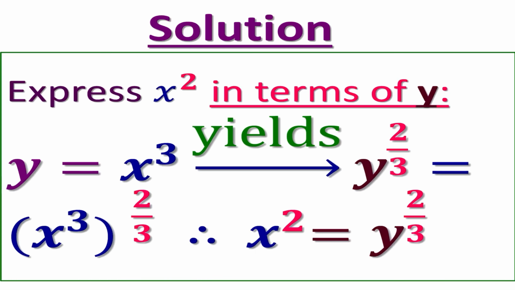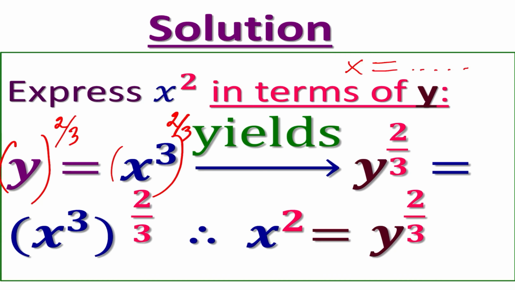Now since your integral involves y, the first thing to do is just express x squared in terms of y. So all you want to do is just grab y equals x cubed and raise both sides to the 2/3 power. So it becomes y to the 2/3, and on the other side x cubed raised to the 2/3.